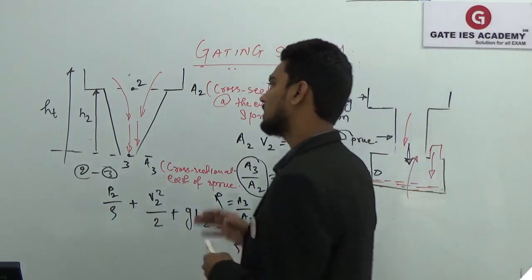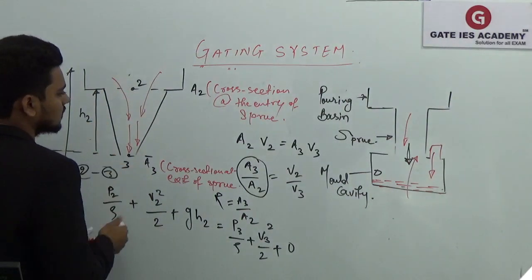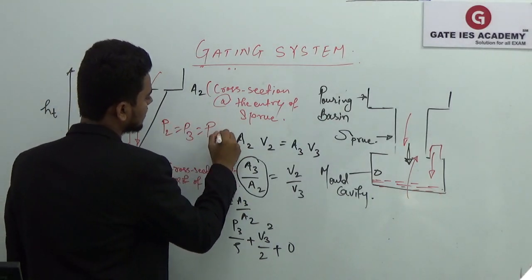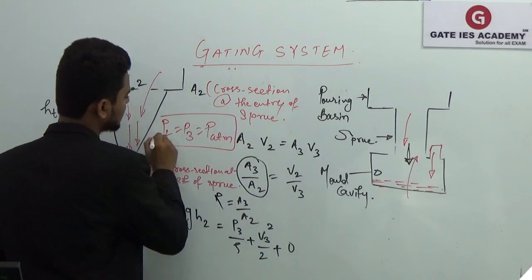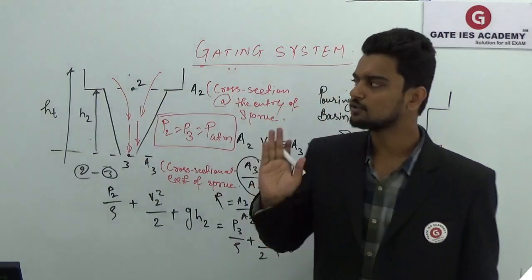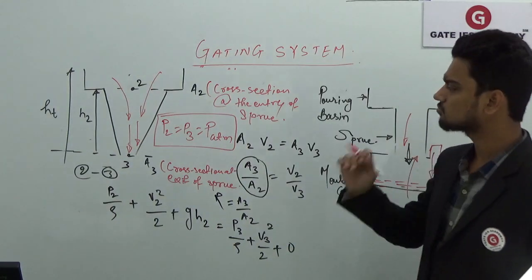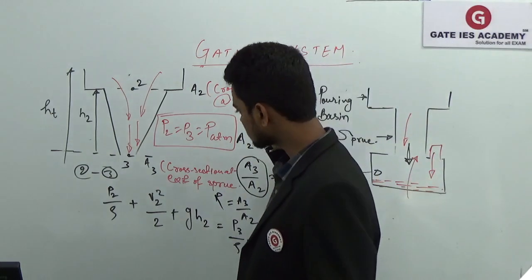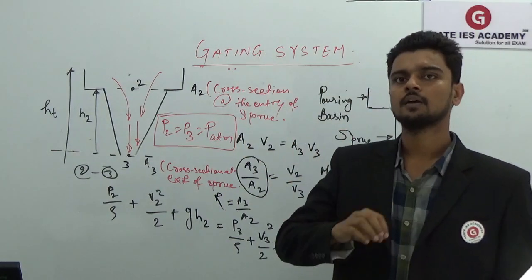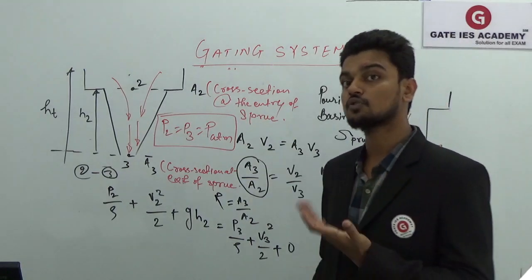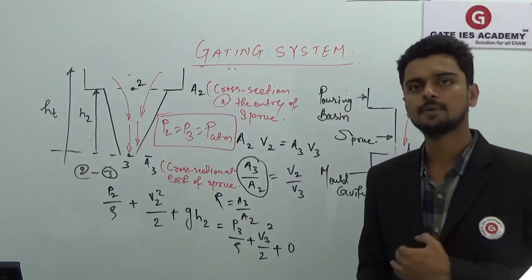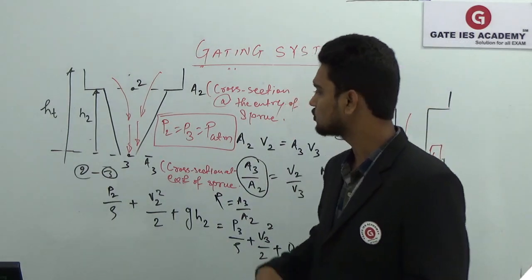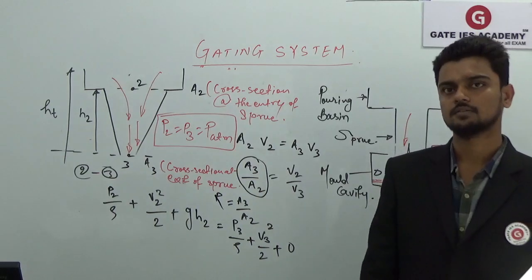So we assume P2 equals P3 equals P atmospheric. This is the assumption that we are making. It can be greater than atmospheric, but it cannot be below.